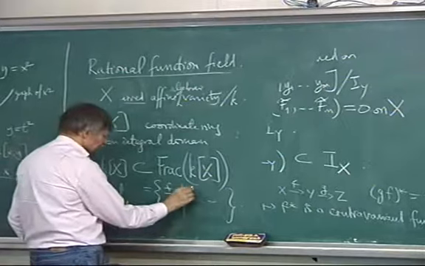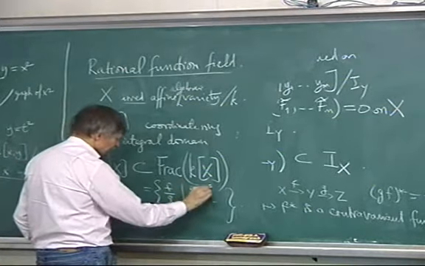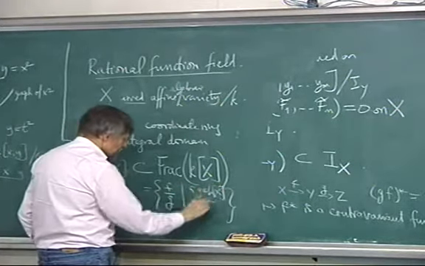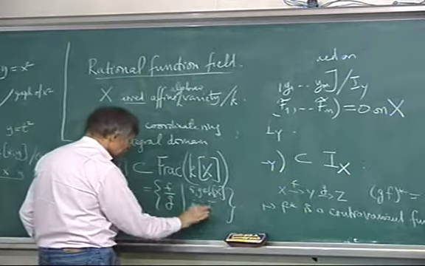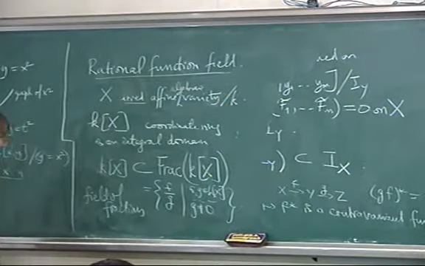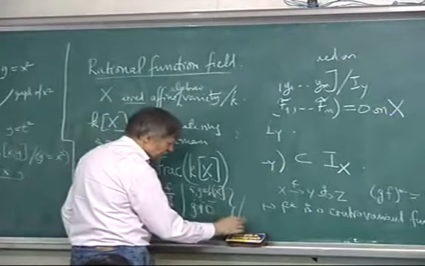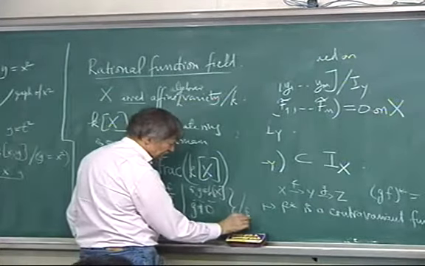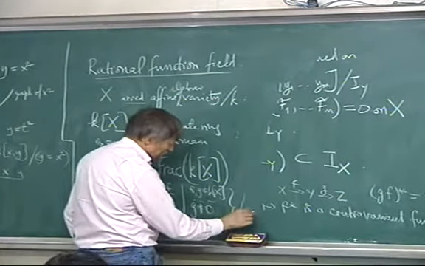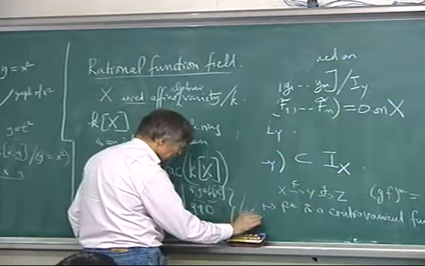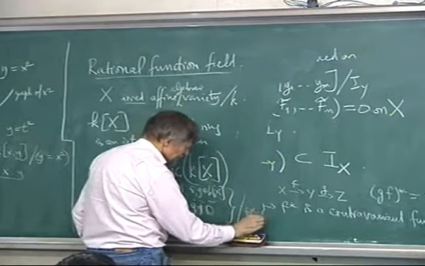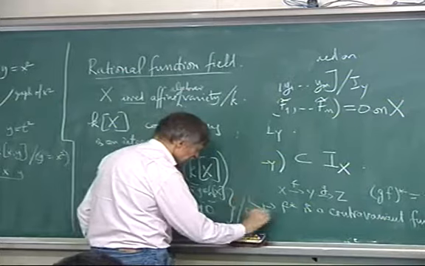So I want f, g in K of X, g not equal to 0, and then modulo the relation that f over g is equivalent to f prime over g prime when f g prime equals f prime g.